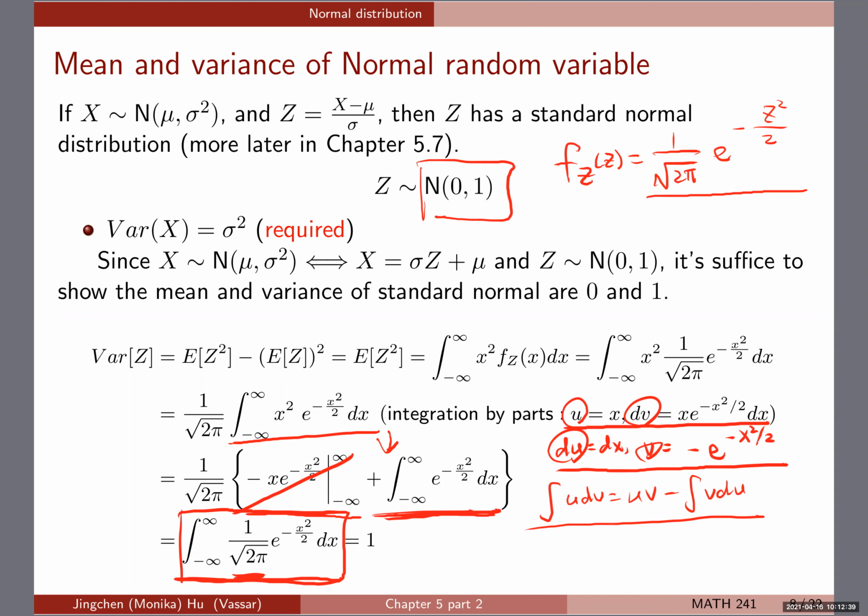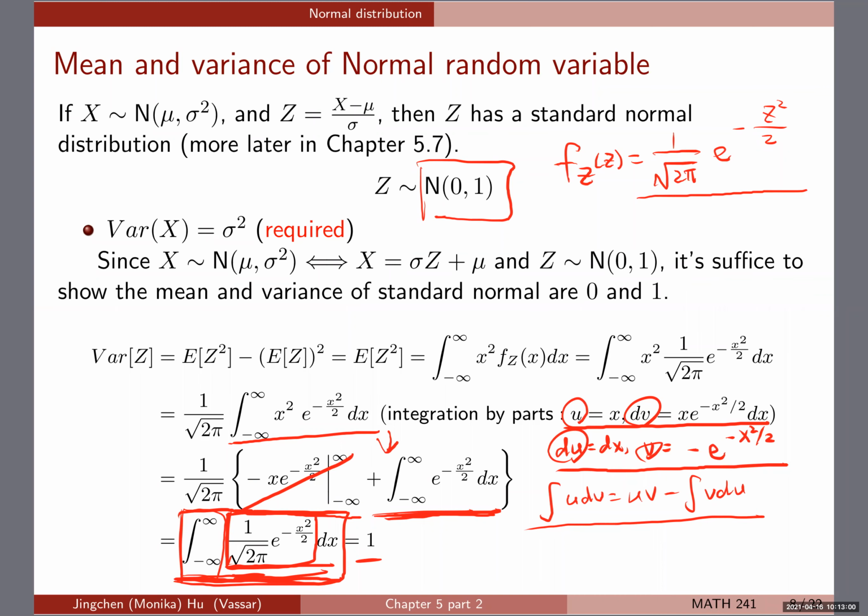For any normal distribution, if you integrate it over the entire real line, by definition it integrates to 1 because it's well defined. So once we recognize that this inner part is the PDF of the standard normal, and we're integrating it over the real line, we know that it's going to be 1.